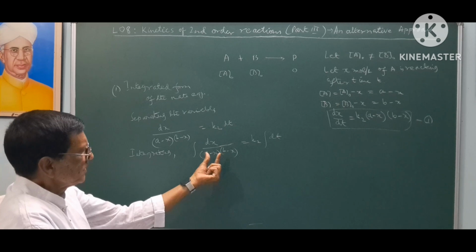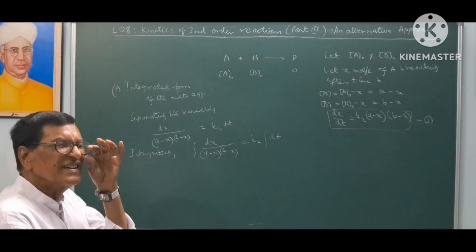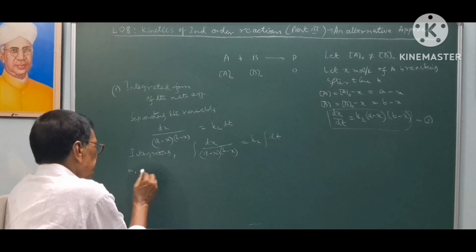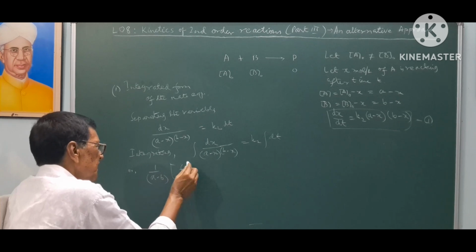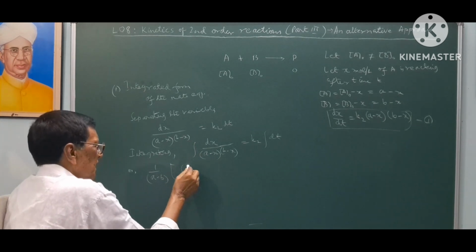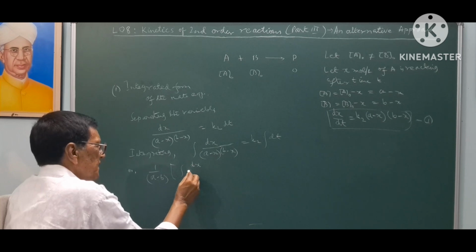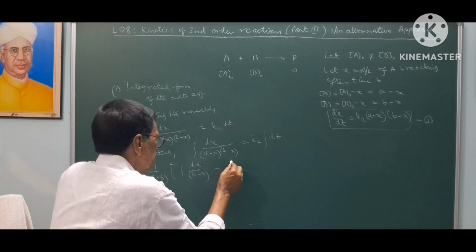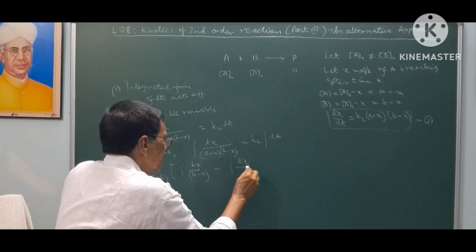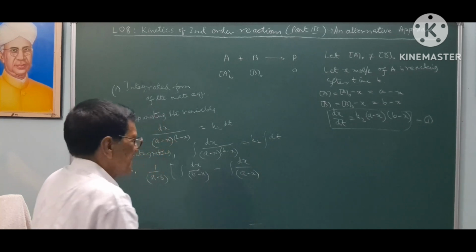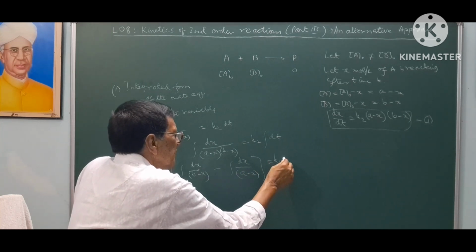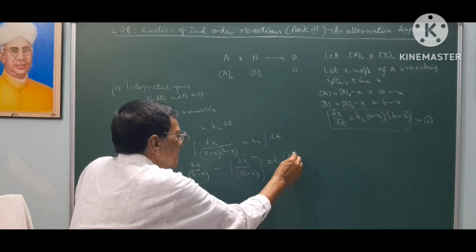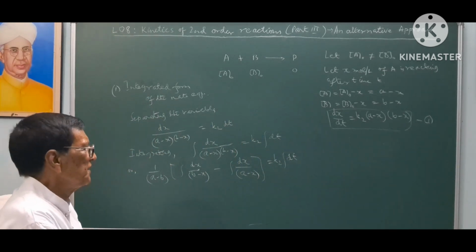But this term we can split up, and write 1 by (A minus b), times the integral of dx by (B minus x), minus the integral of dx by (A minus x), equal to k2 times the integral of dt. Now we are doing the definite integral.